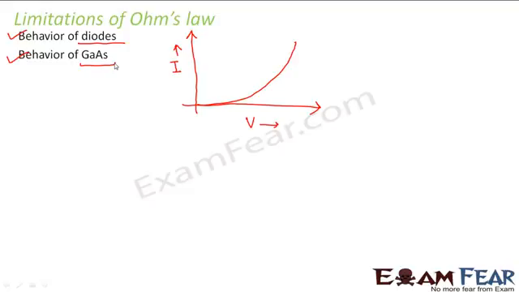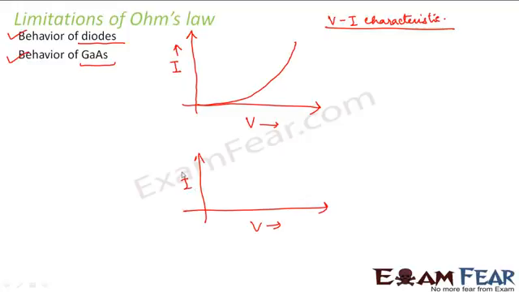Again, for a water voltameter, when the voltage-current graph is plotted, which is known as the VI characteristic, it is seen that it doesn't follow Ohm's law. You get a graph like this instead of a graph like this. So Ohm's law is not true in this case also. These were some of the limitations of Ohm's law, that it was not true for everything.